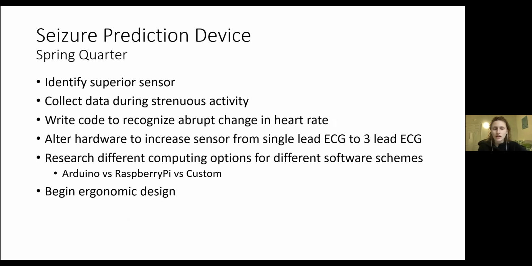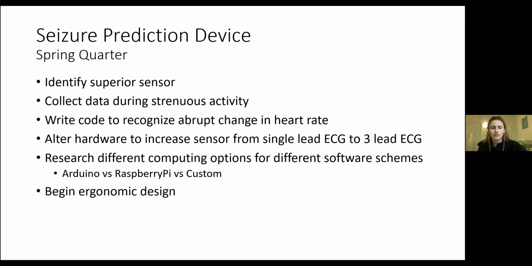And we're hoping to write code to recognize an abrupt change in heart rate. Right now, we'd be working on that between resting and strenuous activity, whereas in reality, we hope to alter that to be able to identify a change in heart rate coming on with a seizure.